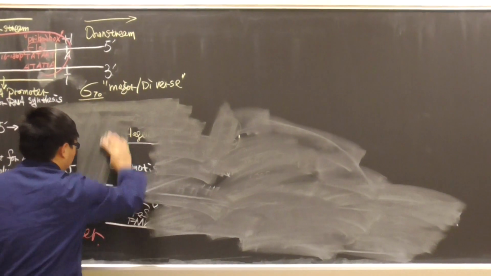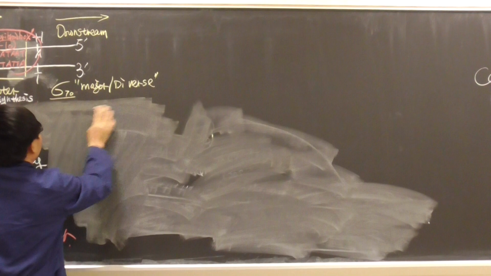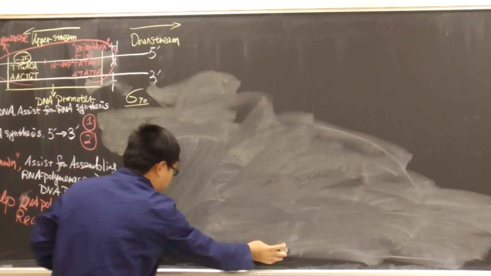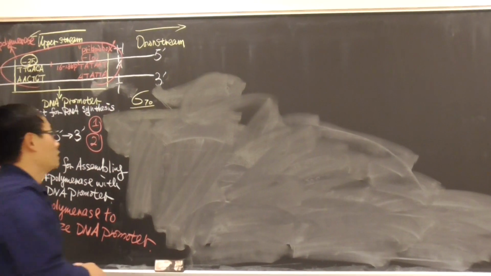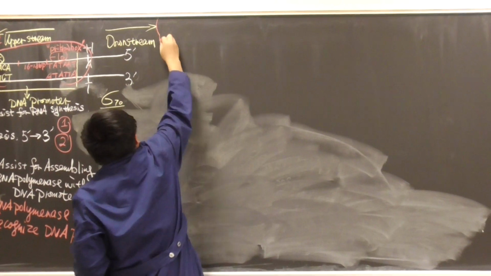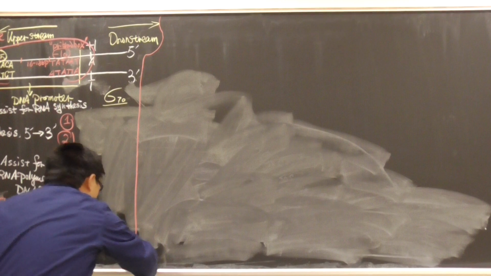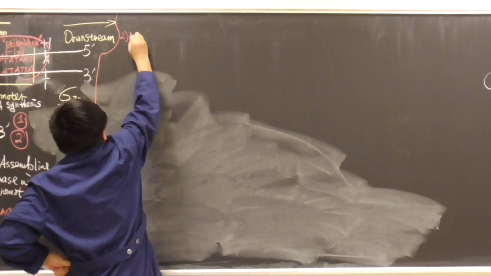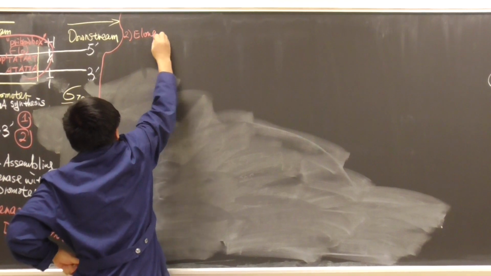Sigma 70 also stays. Okay, now let's talk about elongation. Second, elongation.